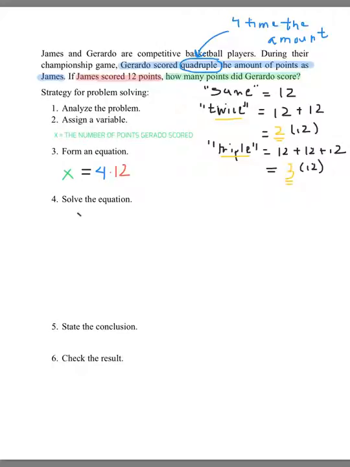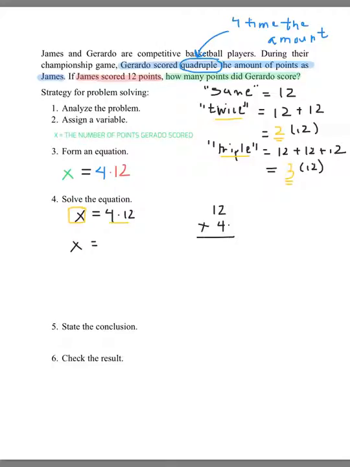So when solving the equation, we always start off with the original equation found in step 3. So now all we need to do here is multiply the 4 times the 12. That's because the x is already completely isolated by itself on the left-hand side. So go ahead and bring that down. And we'll do 12 times 4 off to the side of scratch work.